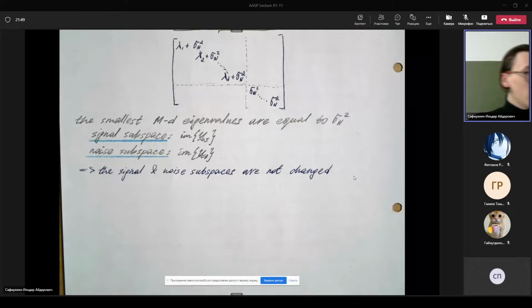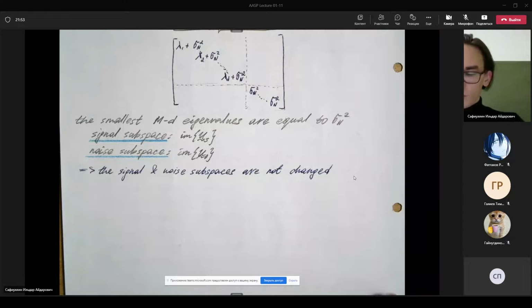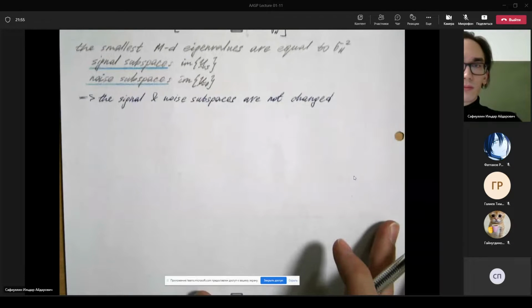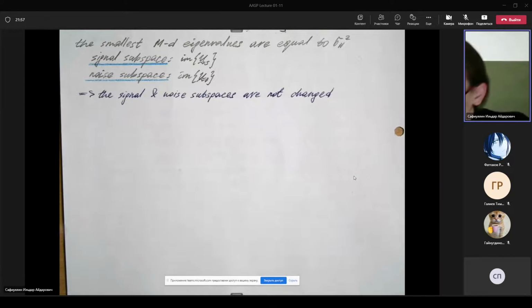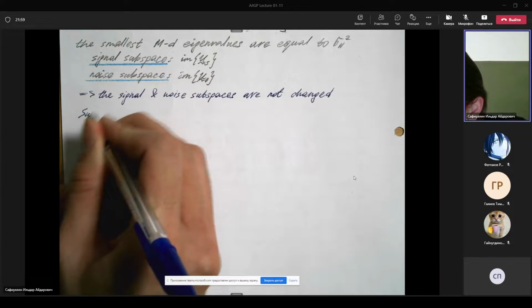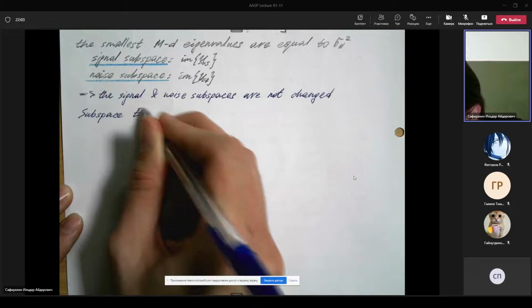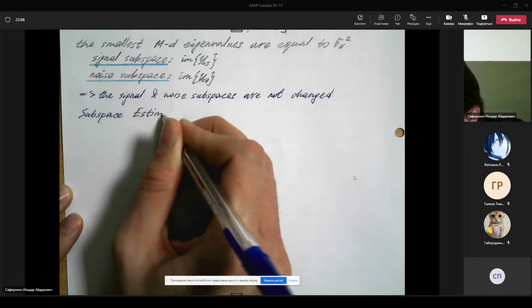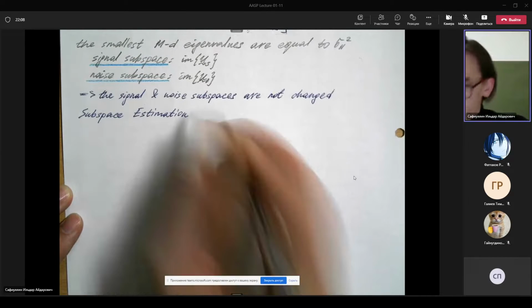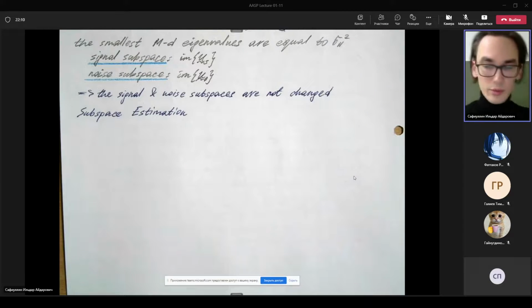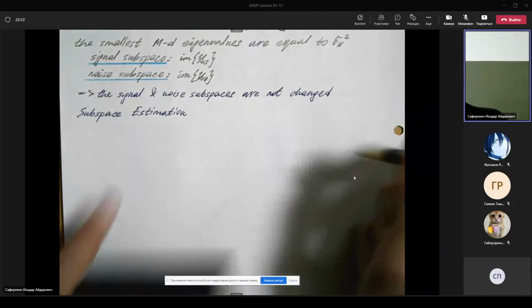But before, let's start with this subspace estimation. Here I will use 3 underlines for this one.